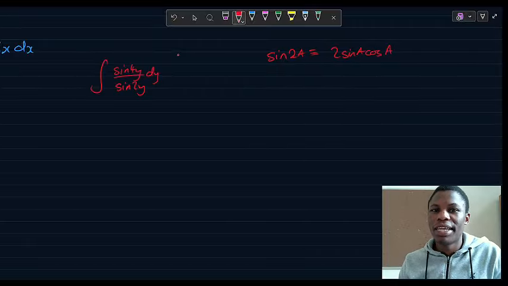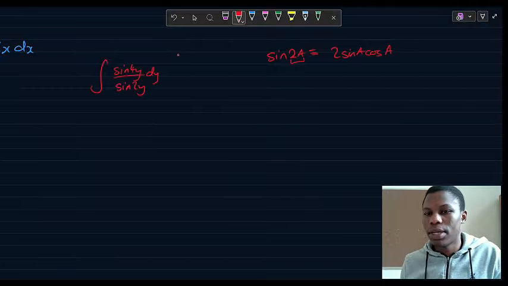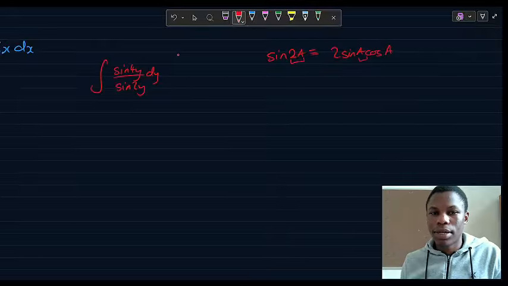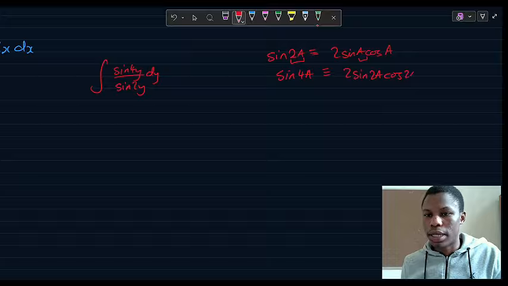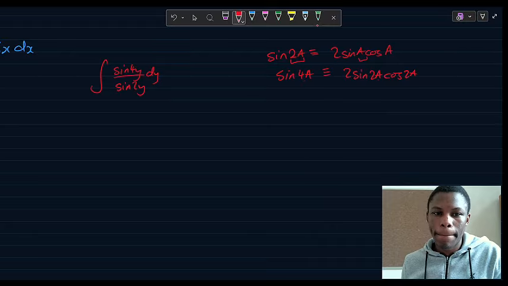The essence of a double angle formula is that the angle on the left is double the angle on the right. So I can also write this as sin 4a is identical to 2 sin 2a cos 2a, because 4a is double 2a.